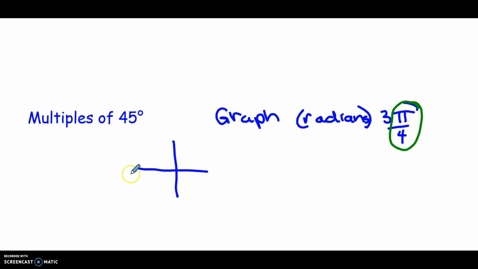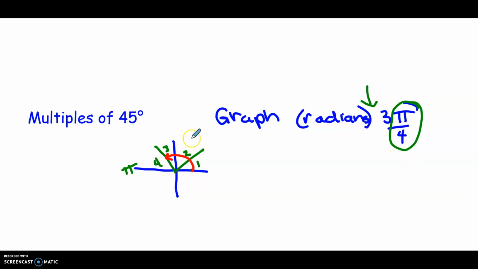So let's take pi, remember this is pi here, and if I divide it in 4 sections from the start to the finish, that means I'm going to have 1, 2, 3, 4 sections, correct? So that's pi being divided. And I said I want 3 of them. So the angle that I'm actually drawing here is up to 3. And then my terminal side, that's in the second quadrant.